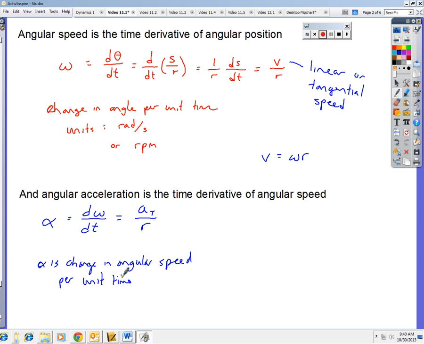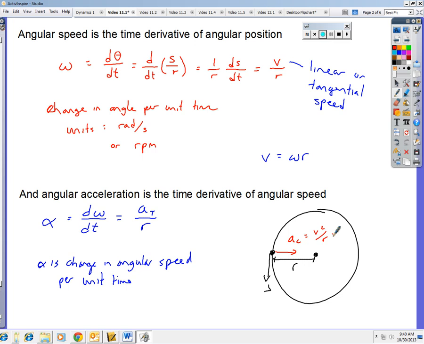Now this notion of tangential acceleration, we need to separate that from the idea of centripetal acceleration. So if you've got some particle moving in a circle of radius r, we already know from last year in Physics B that anytime you have something going in a circle, it has a centripetal acceleration that's equal to v squared over r that points toward the center of the circle. But we always assumed that it was moving at constant speed.